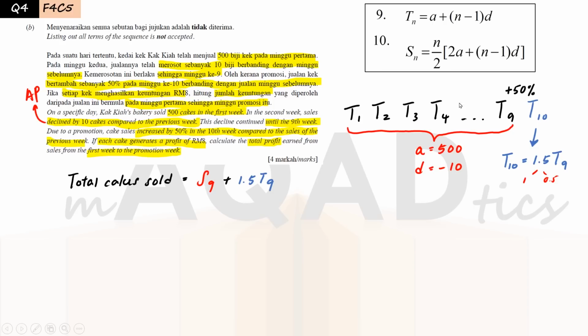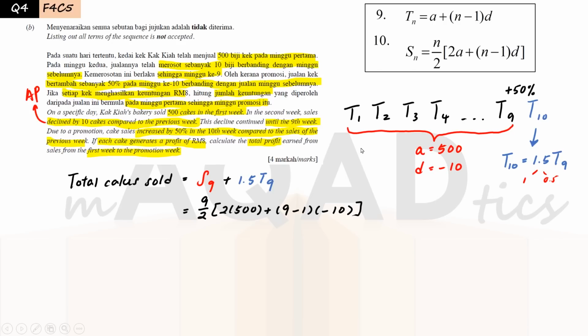Okay, so now we are going to use the information that we have, substitute into the two formulas here to find the total cakes. So for S9, S9 will be 9 over 2, bracket 2 times A is 500, and N is 9, D is negative 10.